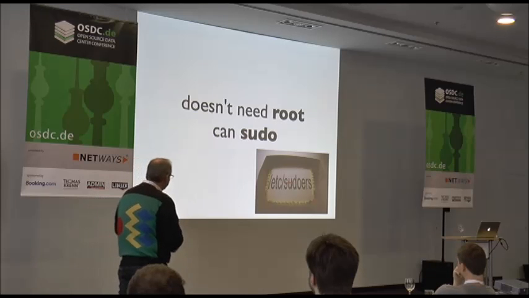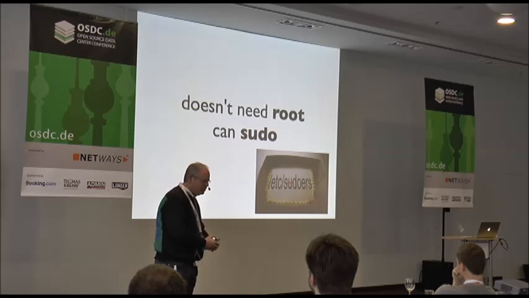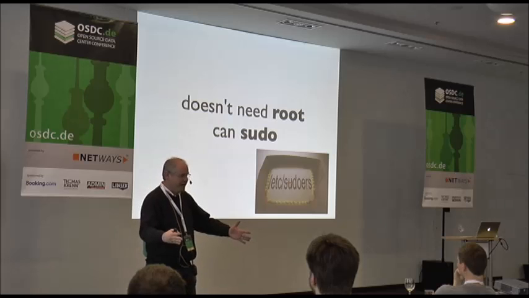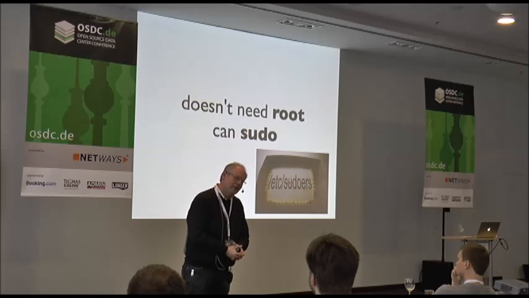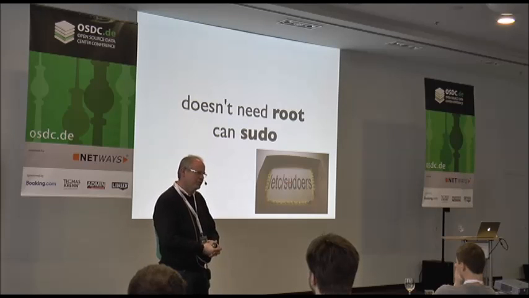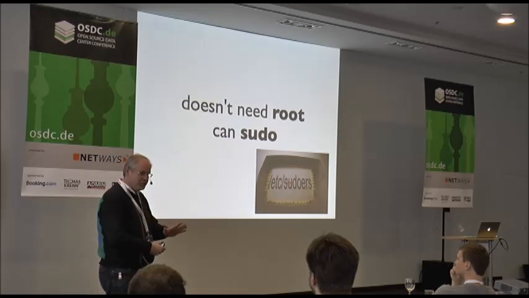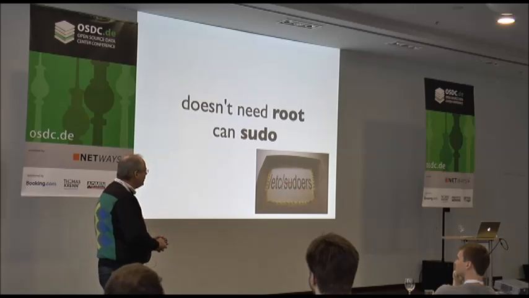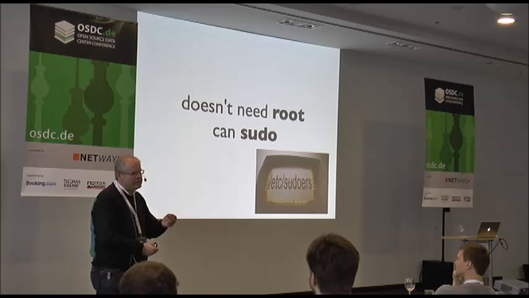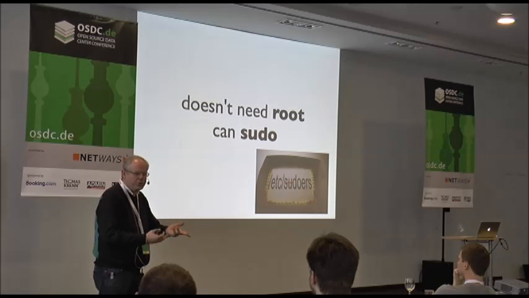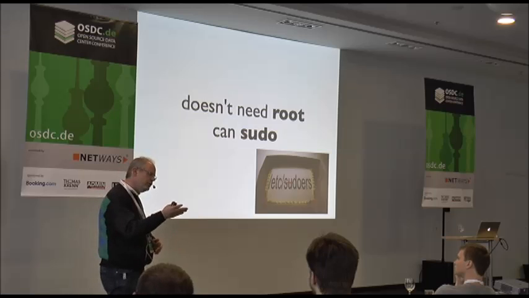For anybody who's wondering, that picture at the bottom is a cake, a large cake. I had that made as an apology because on a Friday afternoon, don't touch anything on Friday afternoons, somebody said, would you please add this to sudo and to the sudoers file and distribute it? I said, yeah, sure. And I was on the way home from Frankfurt.